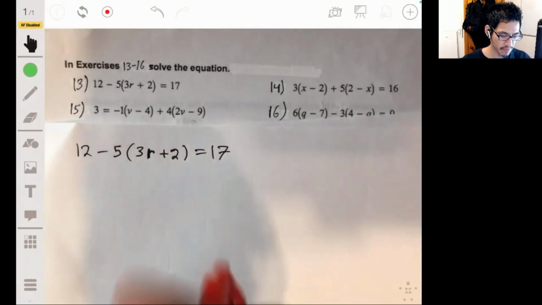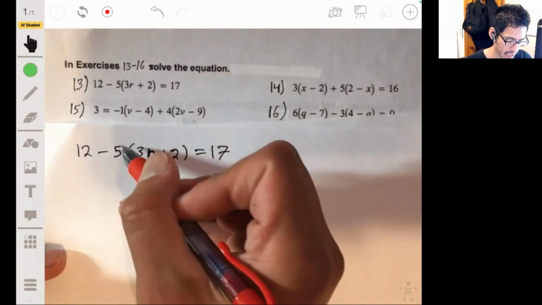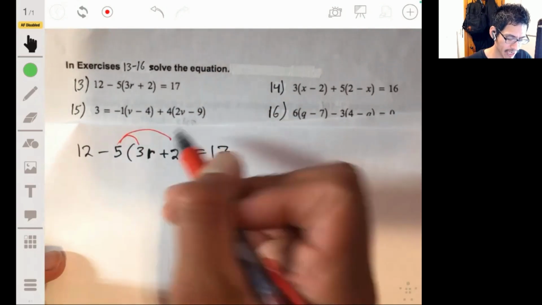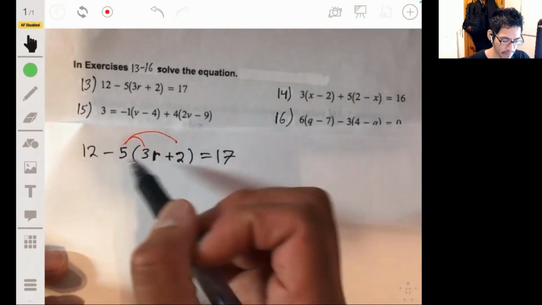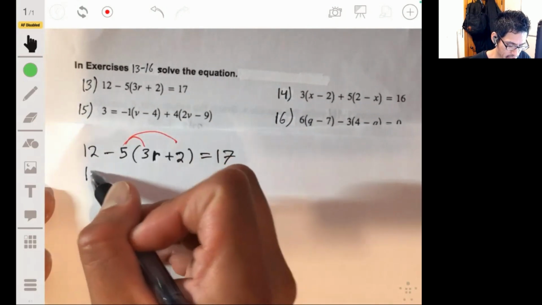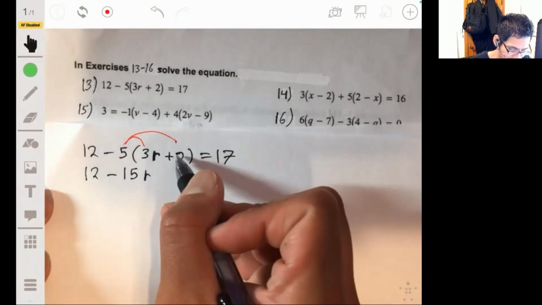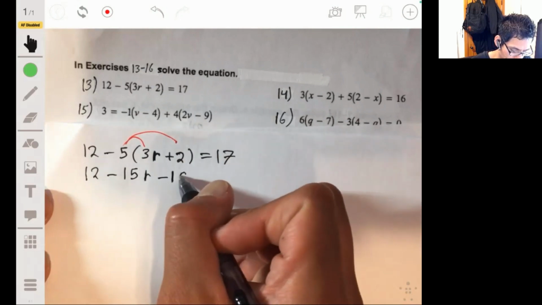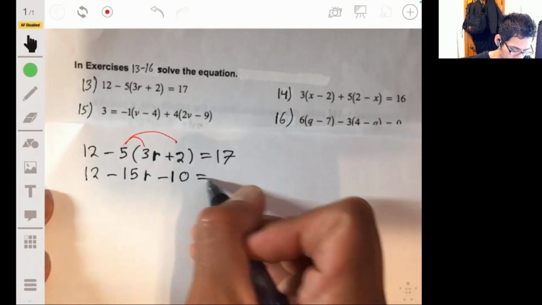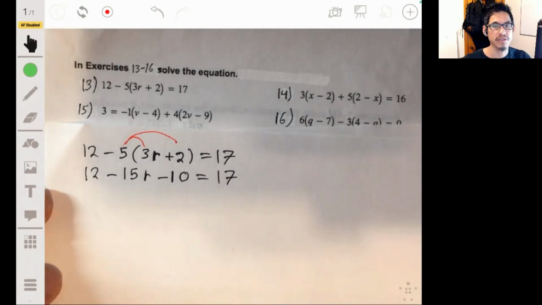The key here is to make sure you distribute this -5 to both the 3r and the 2. And understand it's -5. So this will be 12 minus 15r minus 10, -5 times 2 equals 17.